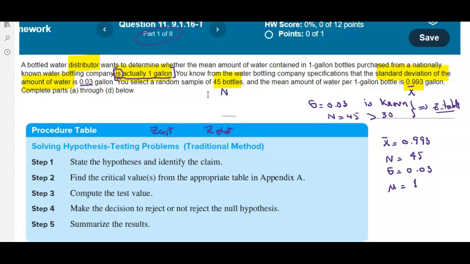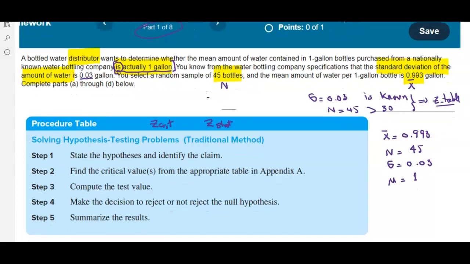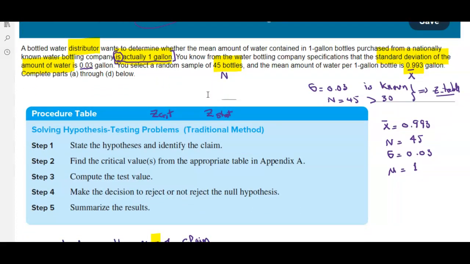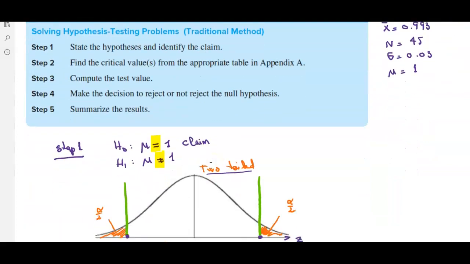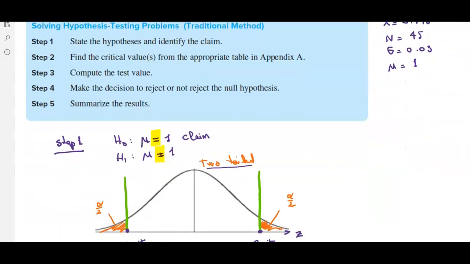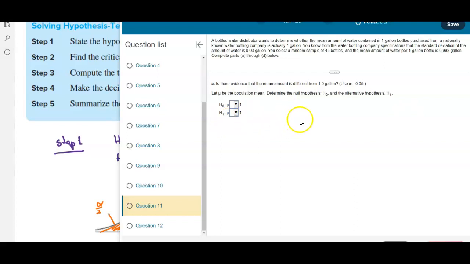I don't see the alpha here, so maybe it's going to be in the exercise. So let me switch to the question and plug in the first answer. And there you go, the alpha is given over here. So H0 is the mean equals 1 gallon, and H1 is the mean different than 1 gallon.